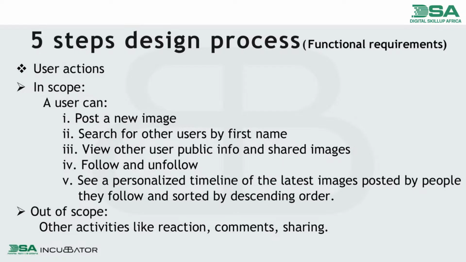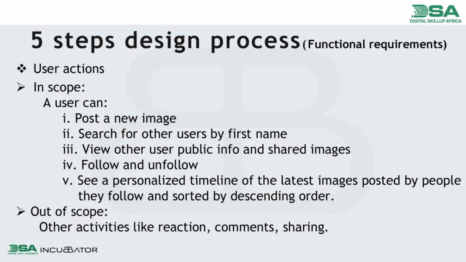Let's assume that we also ask another question, which we are answering here: the user actions. Let's assume that the registered user can perform the following operations. A user can post a new image. A user can search for other users by name, last name, username, or other attributes.